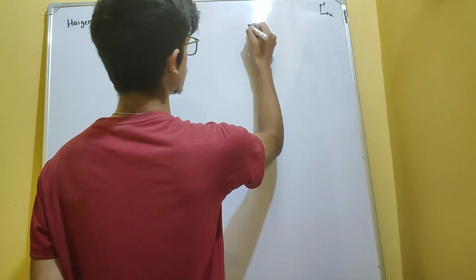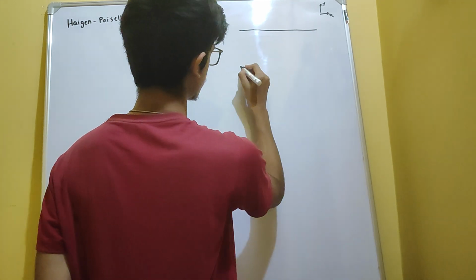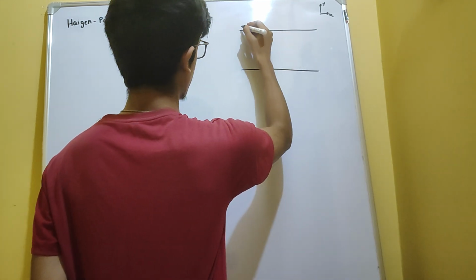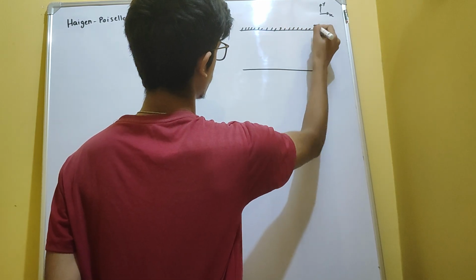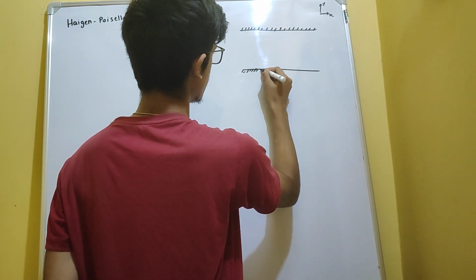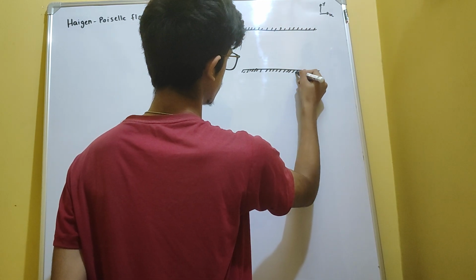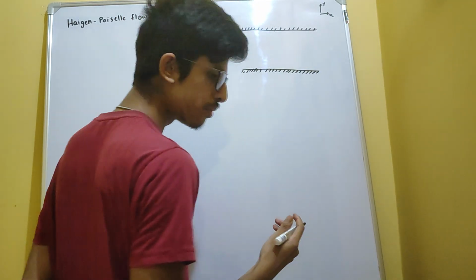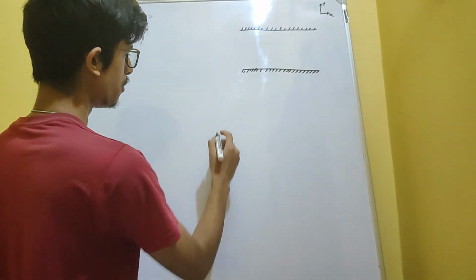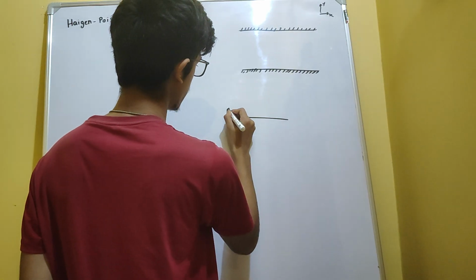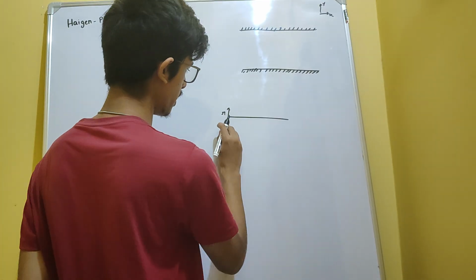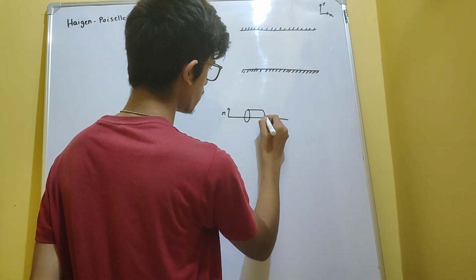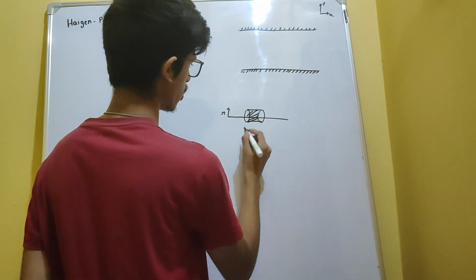So now for the velocity distribution, we will again take the circular pipe of radius capital R, but this time we will be selecting the element from the wall. Earlier, we chose the center line, and from the center line we chose one element at radial distance r, and we performed our analysis on that element.